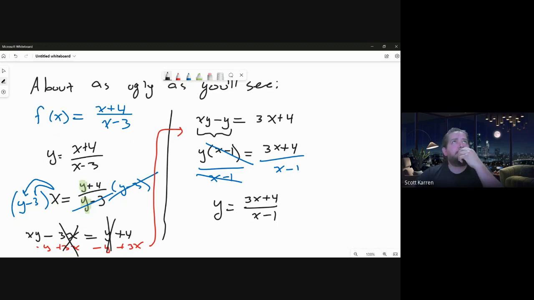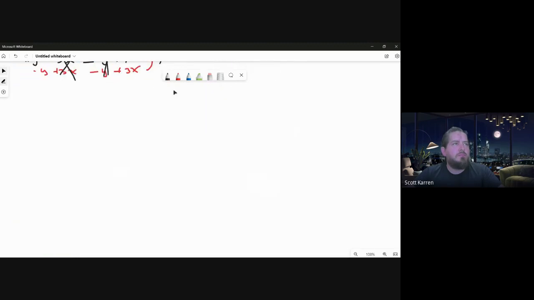And then the last little bit in this section is to verify two functions.